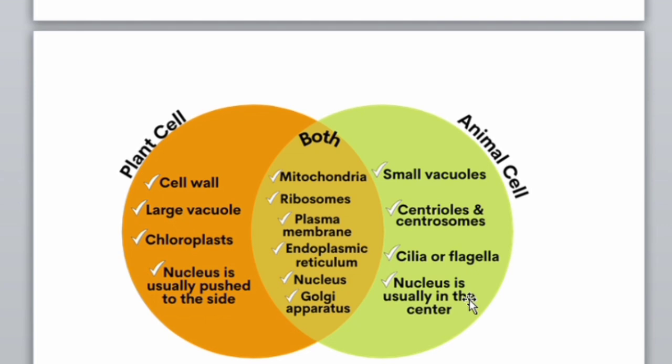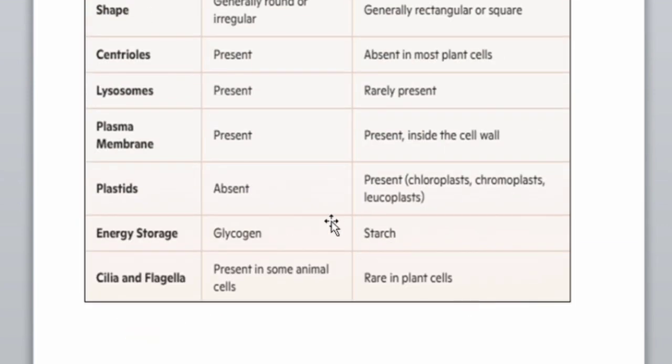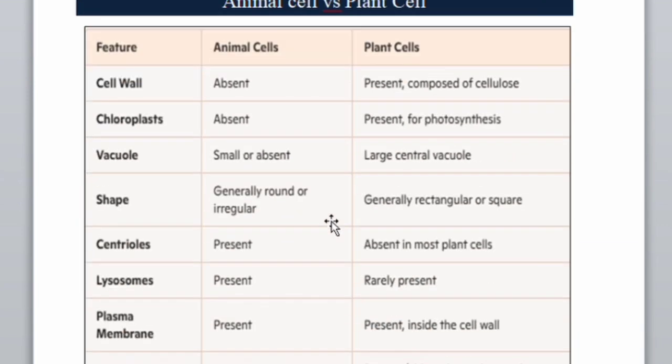Moreover, we move to the tabular form, the table of differences. In animal cell, the cell wall is absent, whereas in plants, it is present and composed of cellulose. In case of fungi, it is composed of chitin.